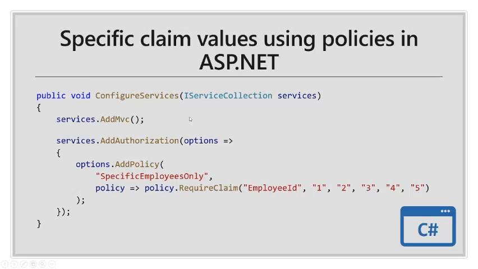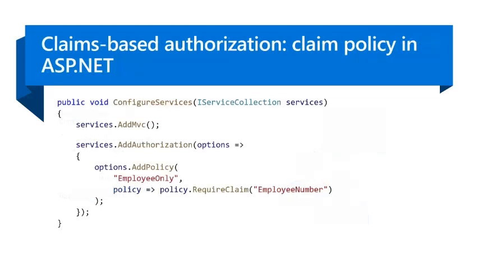And in the same way you say specific employees only, with the EmployeeId: require claim EmployeeId and the value of that EmployeeId 12345. Okay, now we are going into more detail. So here we just said require claim EmployeeNumber, so we just need the employee number in the claims.